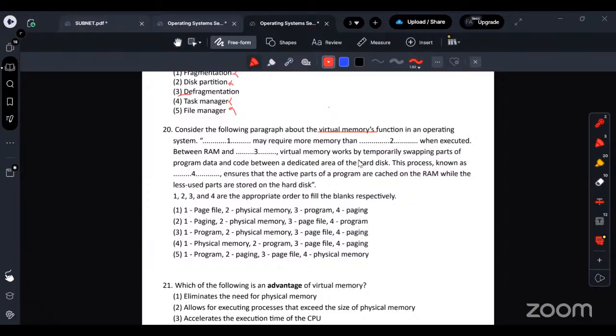Okay, think it this way. First option. Dash may require more memory than what when executing? What gets executed? Program. So program may require more memory than physical memory when you're executing, isn't it?